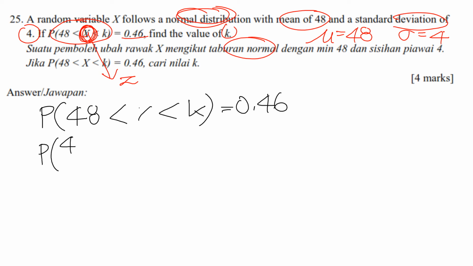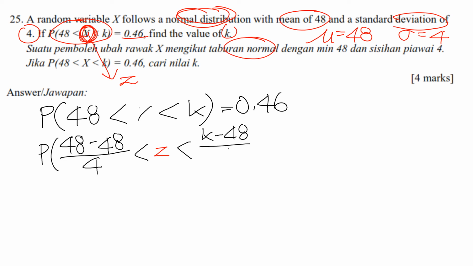So it will be 48 minus mu, which is 48, over standard deviation, 4. Dan ini telah tukar kepada z. Kerana saya guna pakai formula z. So then teruskan lagi dengan k: k tolak 48 over 4. Then I get this as 0.46.